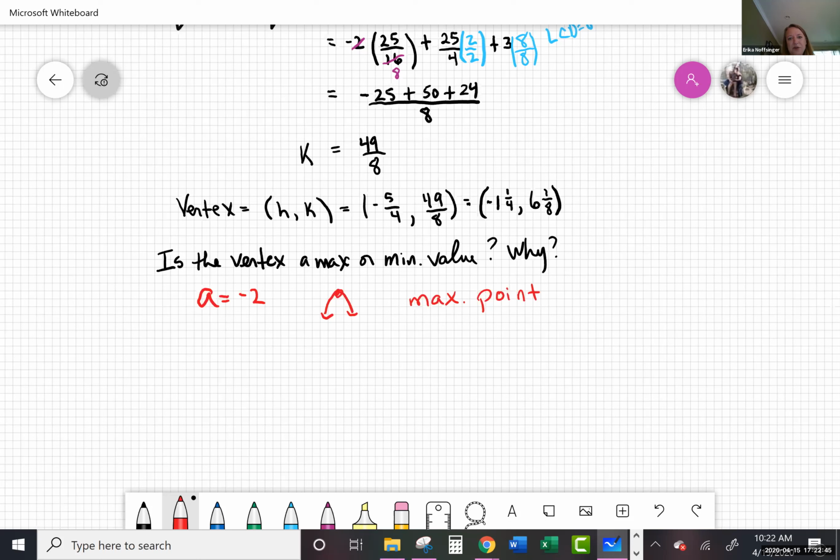And so if you're doing that, you'll notice that all of these problems in this section are quadratic equations. So to find where that maximum height is, you're going to have to find the vertex. The y value is the height, and the x value in that case would be time, how long it took to reach that maximum height.